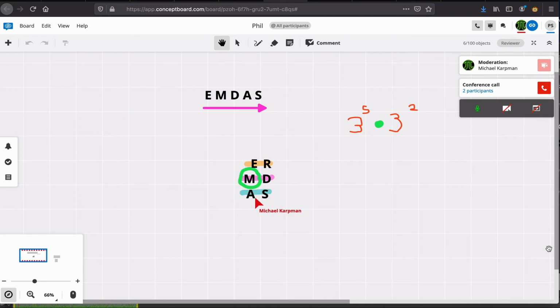Well, the answer is addition. What that tells you then is we're going to add the exponents so that you end up with this being equal to 3 to the 5 plus 2, or 3 to the 7th power.